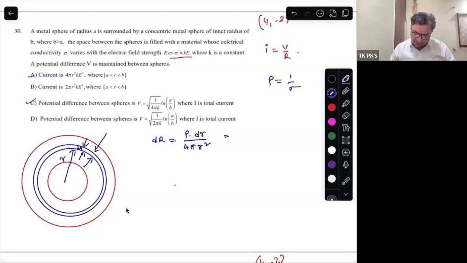Therefore, this can be written as 1 by K r, dr by 4 pi r square.